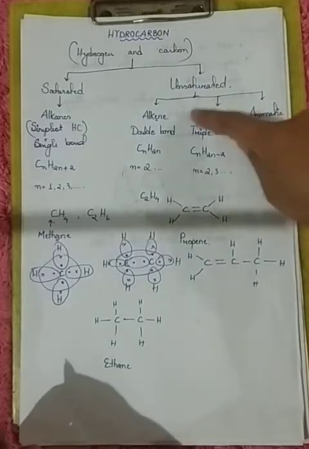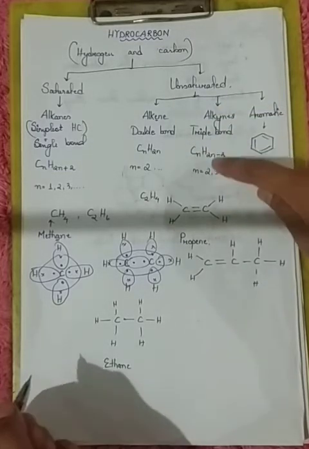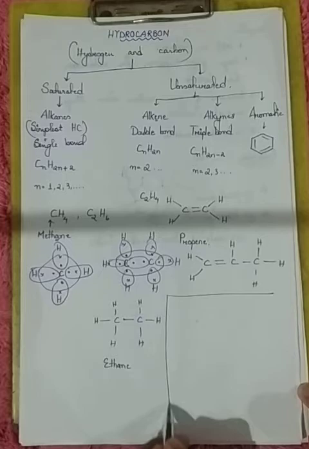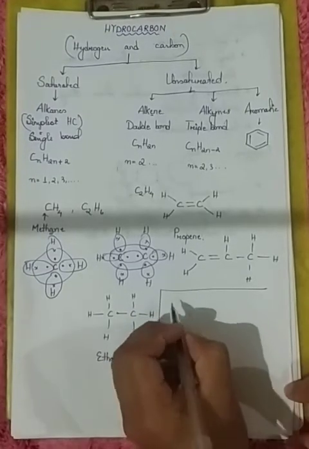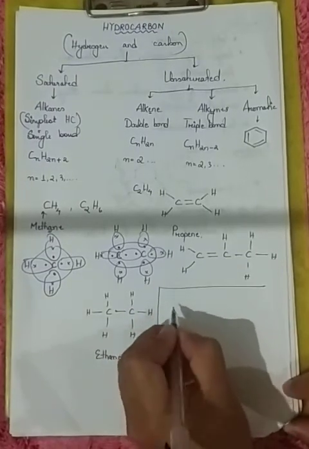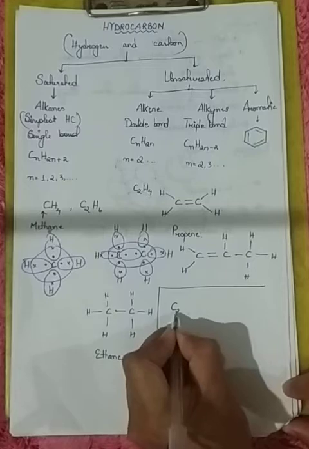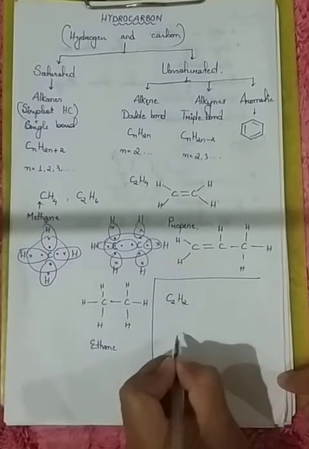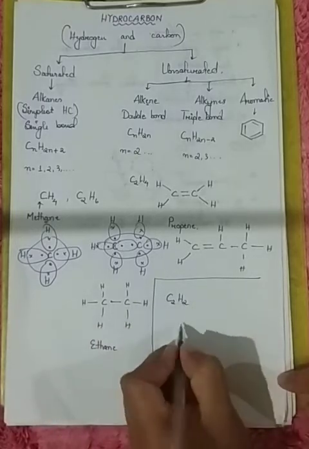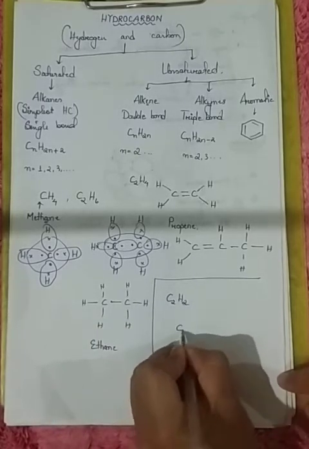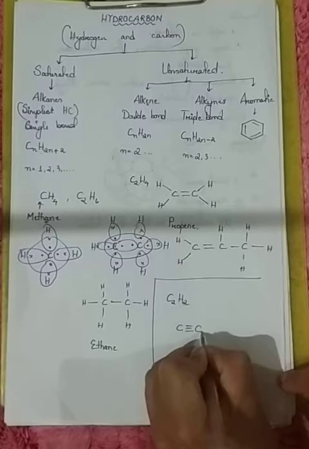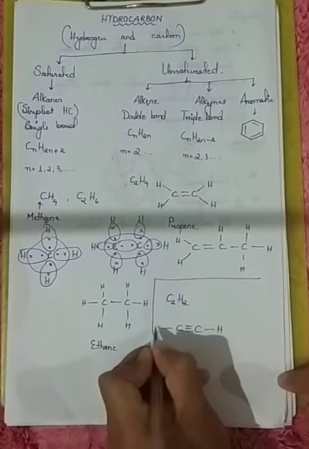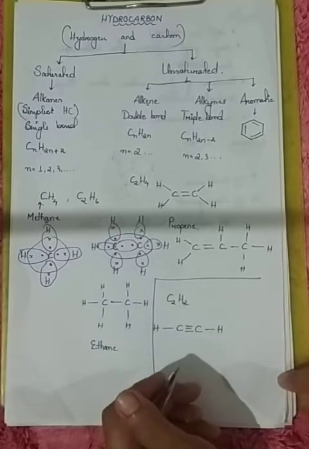Now the third one is alkynes, the triple bond. Let me write here the triple bond alkynes. Here n also starts from 2, therefore we will have C2H2. Here we have 2 carbons with a triple bond and then 1 hydrogen atom on each.